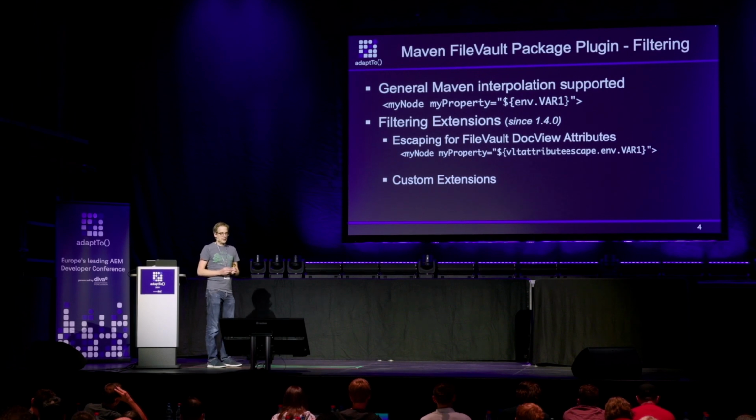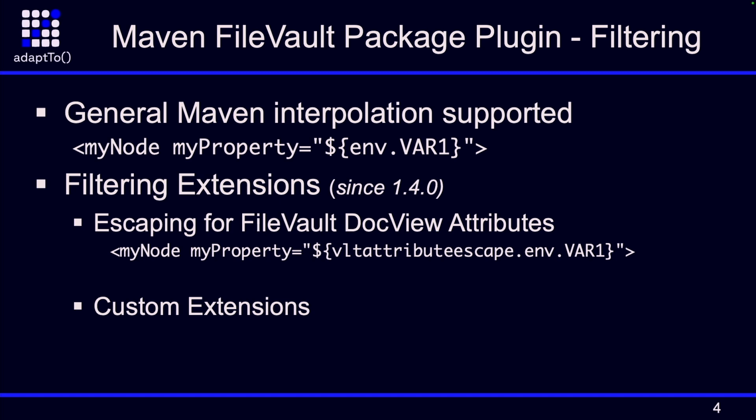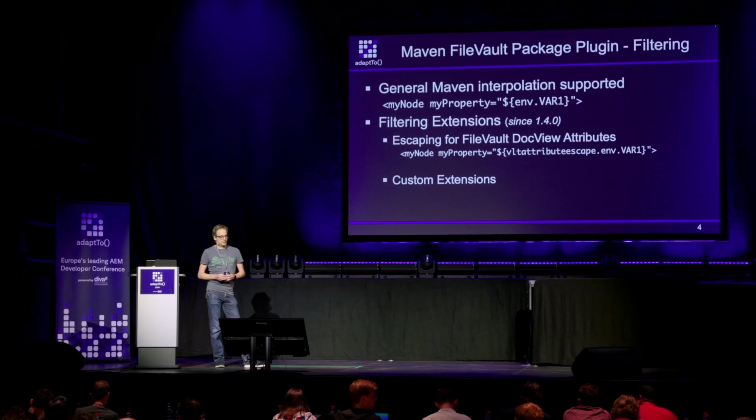One of these filter extensions ships with the product, which is basically allowing you to automatically escape values according to doc view. So you no longer need to deal with that beforehand. You no longer need to think about in which particular context your secret is being used. You just enter it with the tools or in the Cloud Manager Web UI, and then you can consume it from doc view FileVault files with this syntax here.